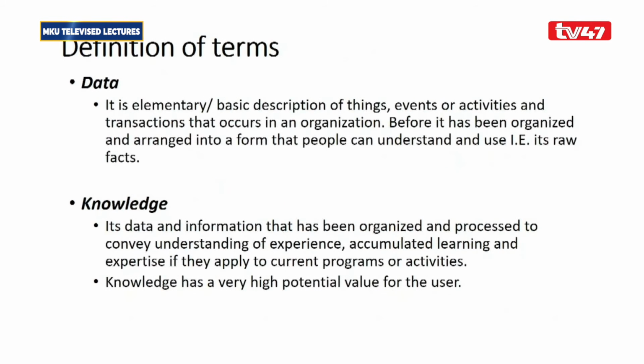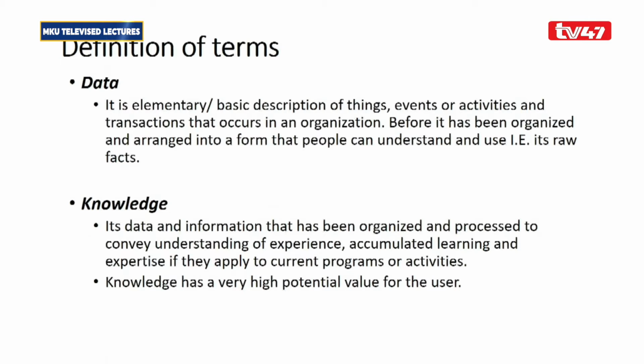Then it's good to also understand what is data. Now, data is basically elementary or basic description of things, events, or activities and transactions that occur in an organization. Now, before it has been organized and arranged into a form that people can understand and use, basically it's raw.